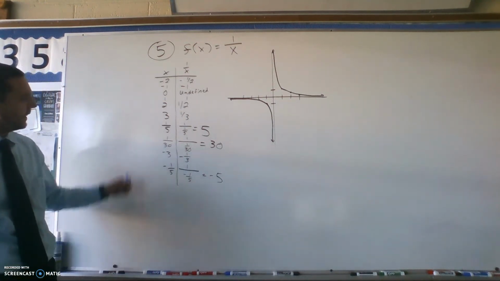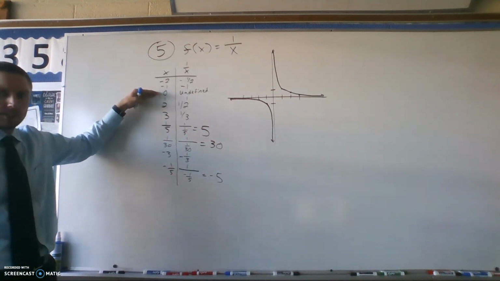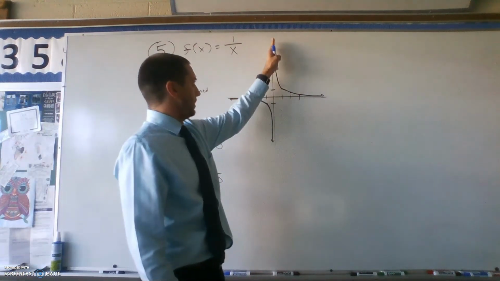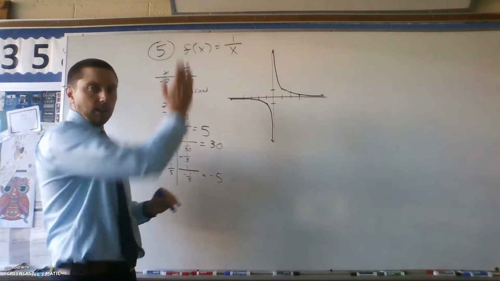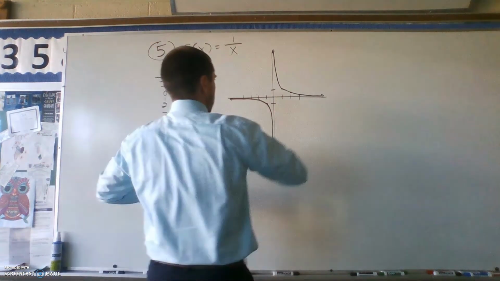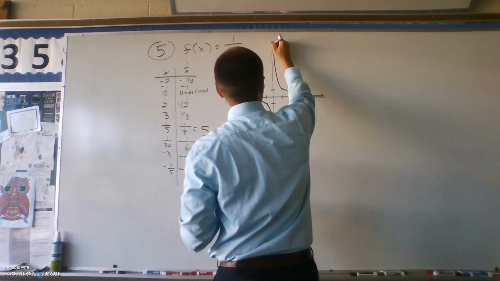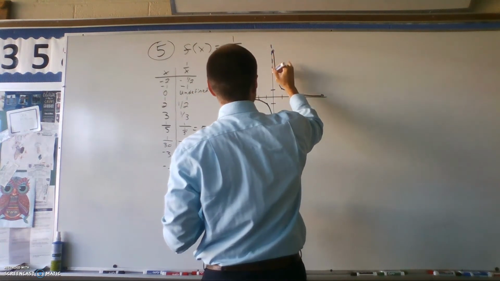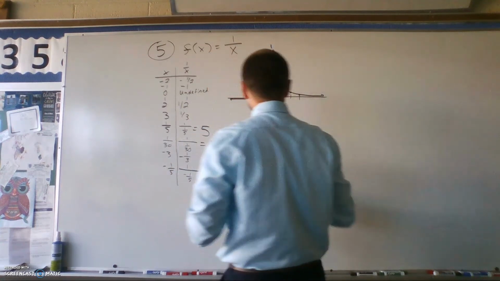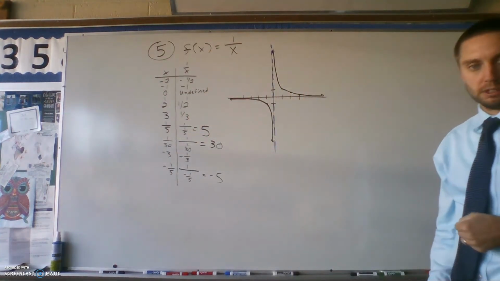We said if I plug in 0, I get undefined, and we see that these pieces of my graph are going up and down and flattening out at the y-axis there. So really what we're looking at is a vertical asymptote at x equals 0.